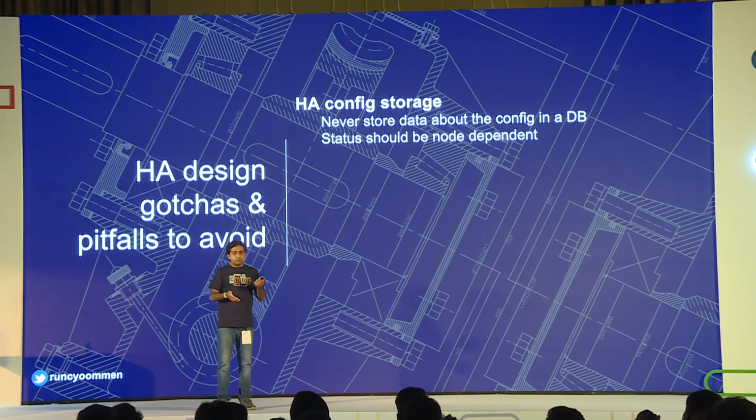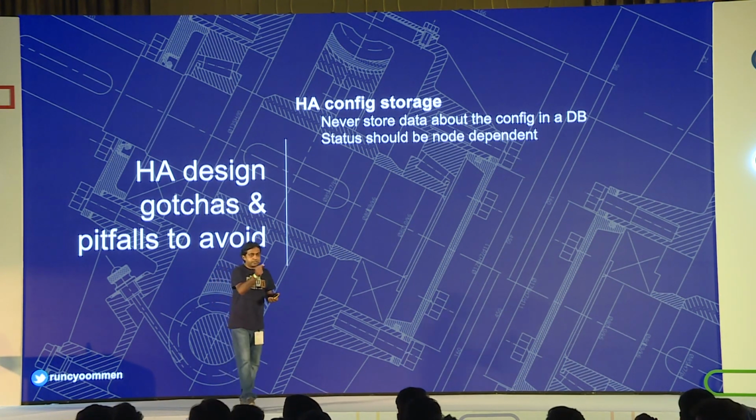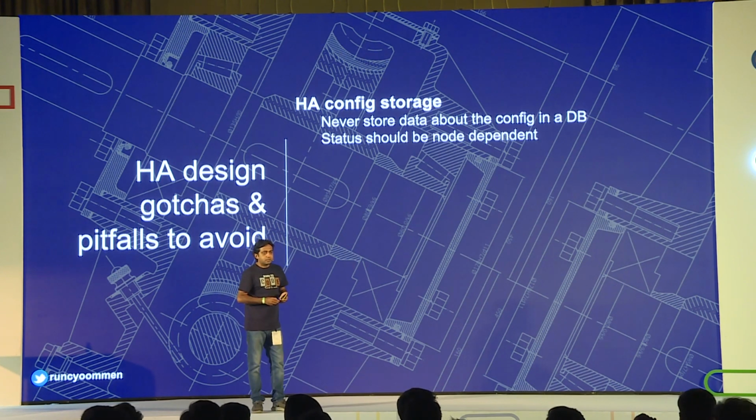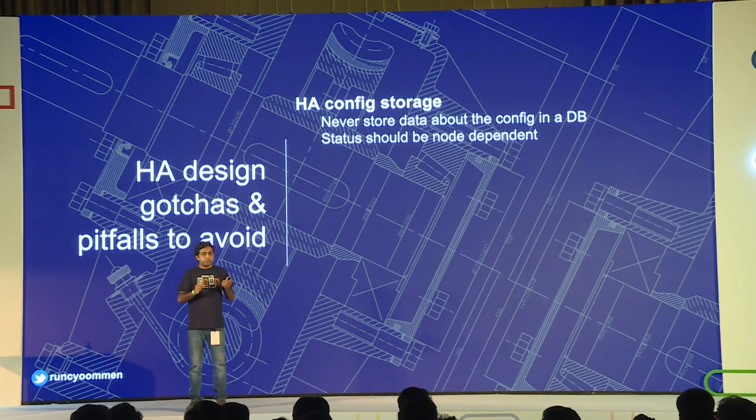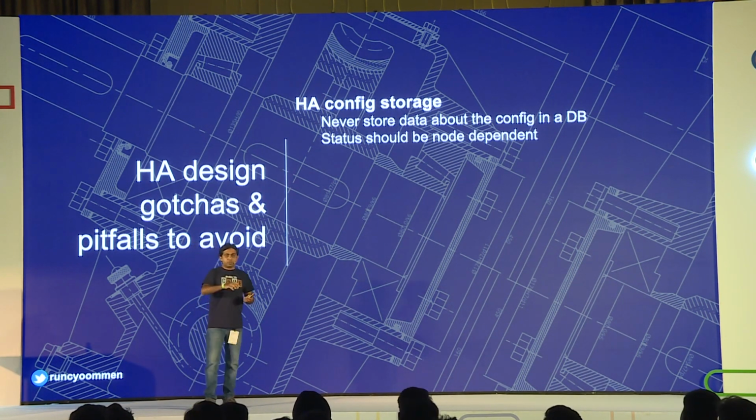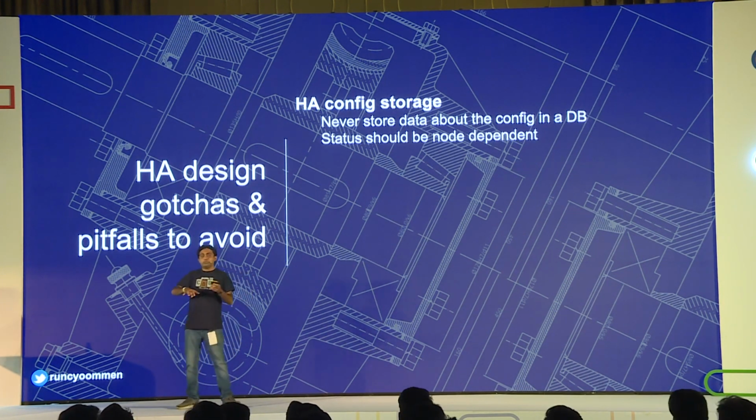That has to be stored somewhere, yes. It has to be separate. So it should never be part of your HA system. Because if you store the HA config within the system itself, what happens when the system fails? So that should be independent, completely separated out, and configured.